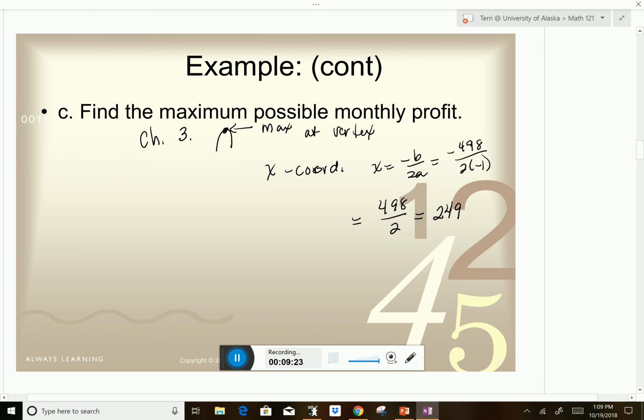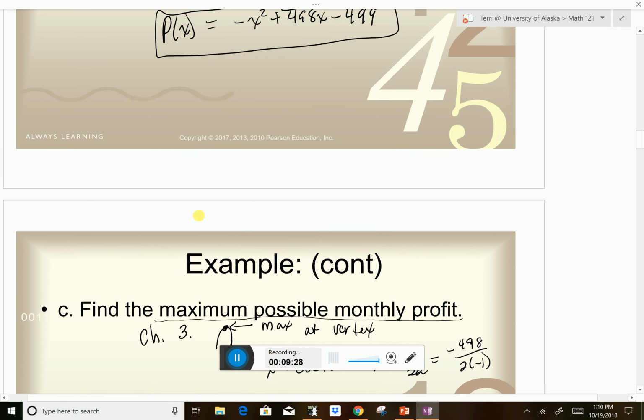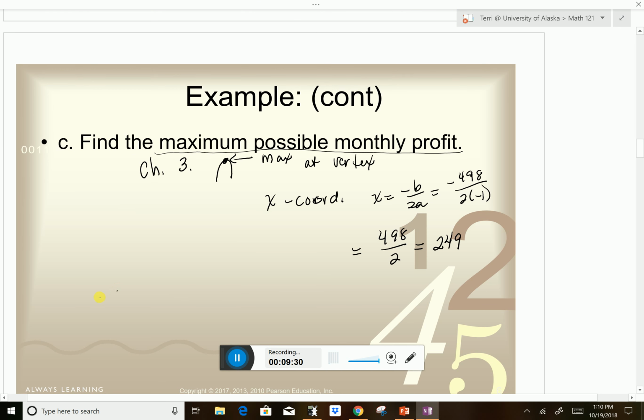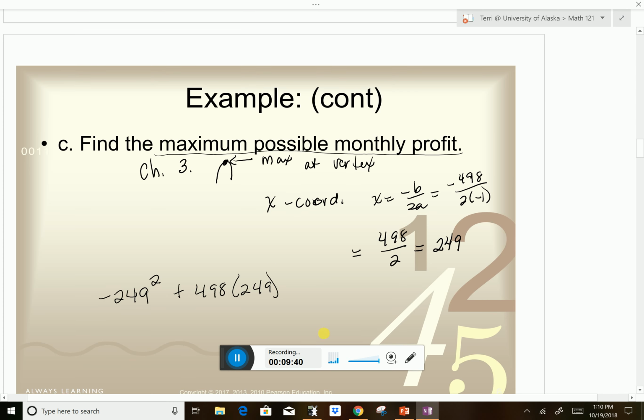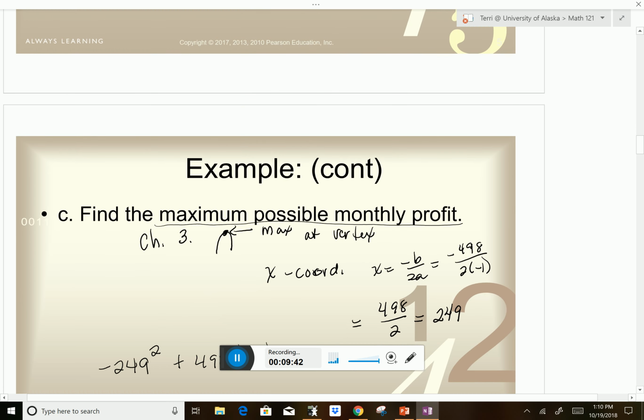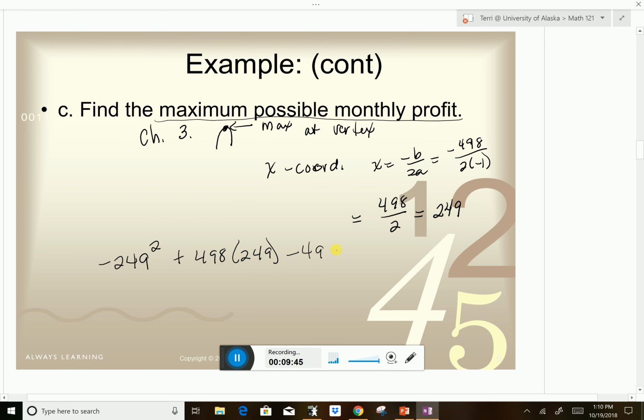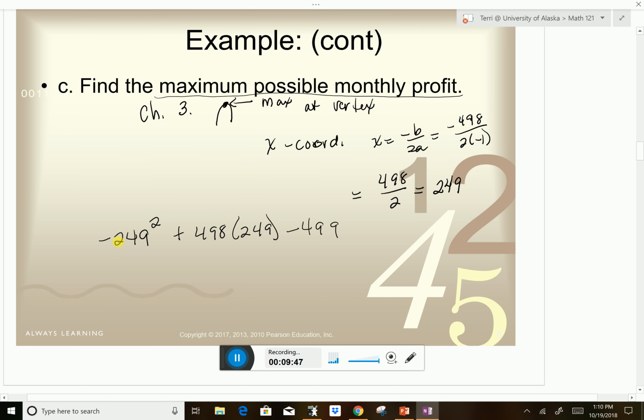So now, in order to find the maximum possible monthly profit, we need to plug this in. And again, we can do this in a couple of different ways. You can use your calculator, or we can just multiply it, minus 499. Okay, so remember, this is negative positive 249 squared. So the negative is outside the square. So we're going to square first and then make it negative.